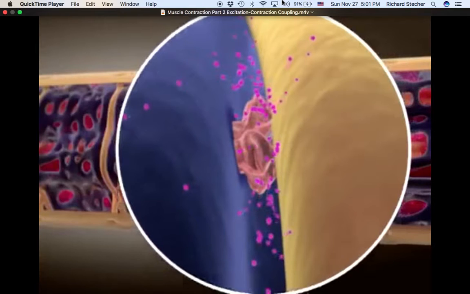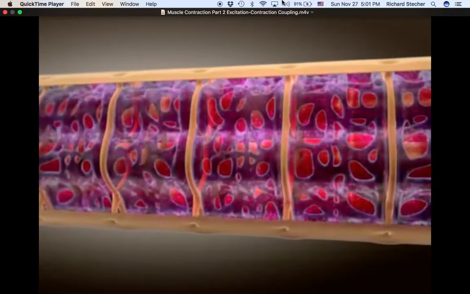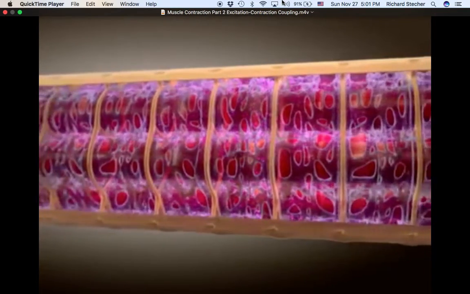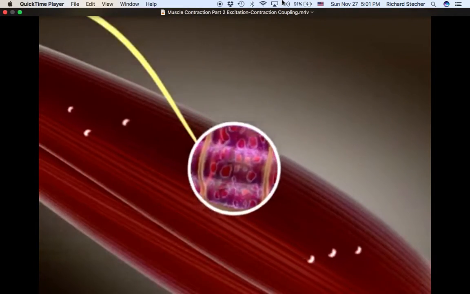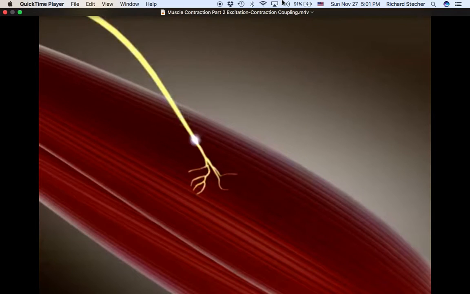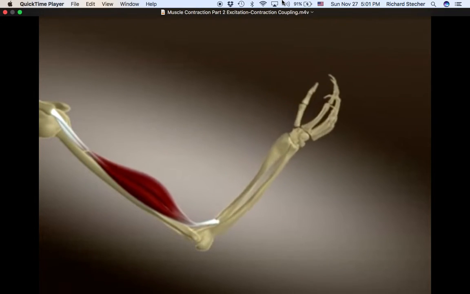So very important ion, calcium. This rapid influx of calcium triggers a contraction of the skeletal muscle fiber. Thus, calcium ions are responsible for the coupling of excitation to the contraction of skeletal muscle fibers.